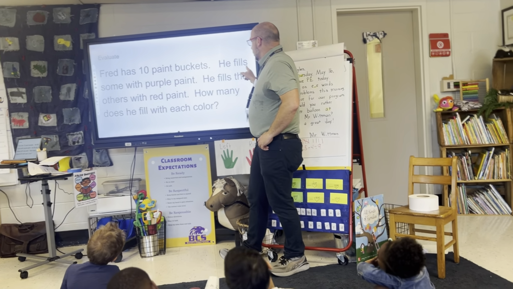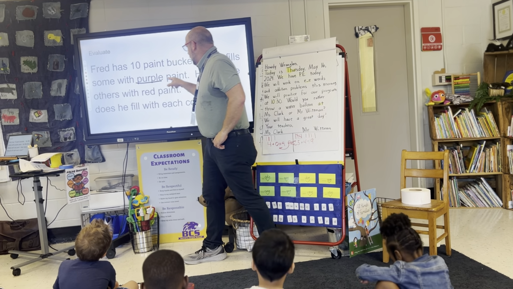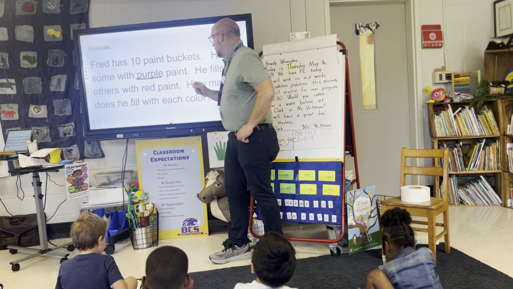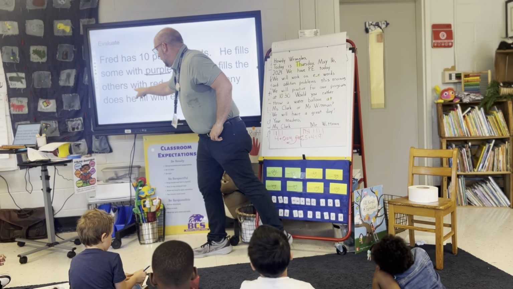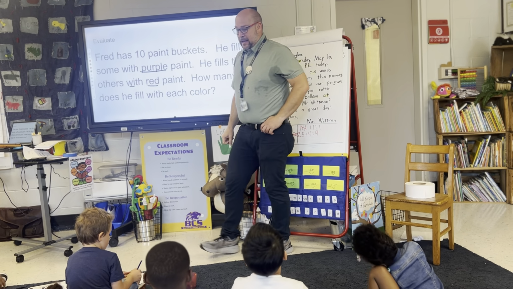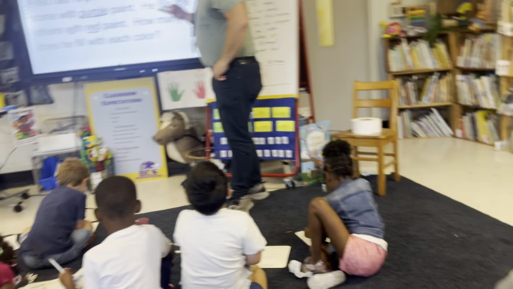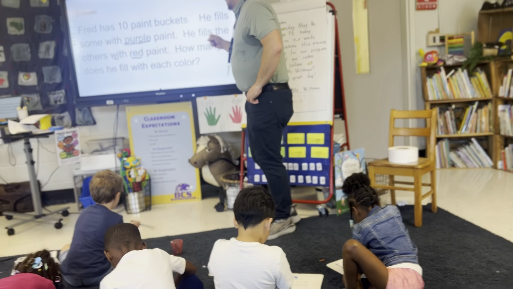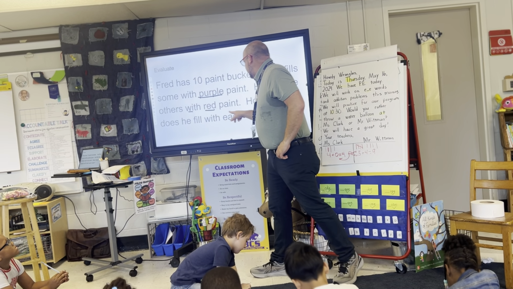He fills some with purple paint. He fills the others with red paint. What 2 colors of paint is he using? Purple and red. You need to show me how many does he fill with each color.